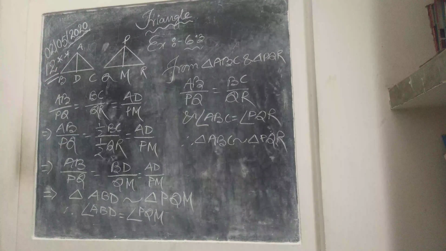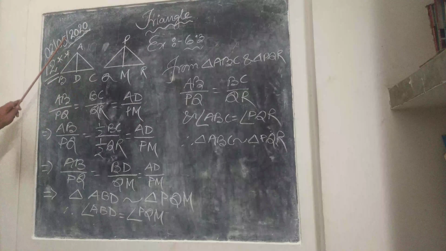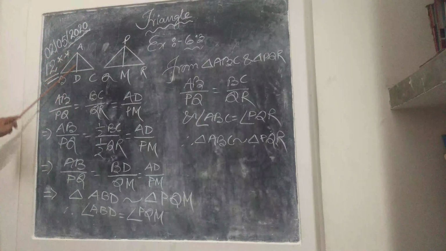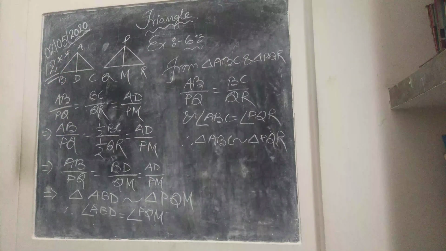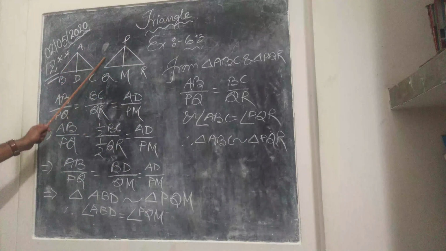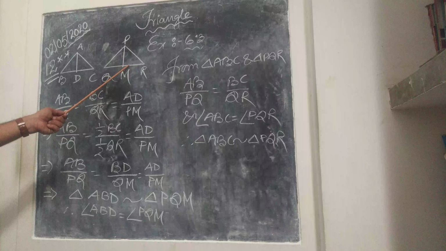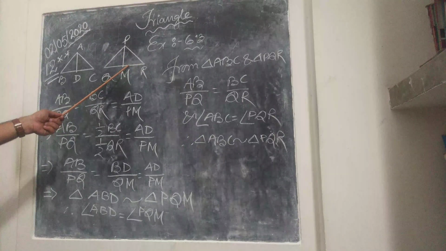Now if you read the question, it is given that the sides AB, BC and median AD of triangle ABC are respectively proportional to sides PQ, QR and median PM of triangle PQR.